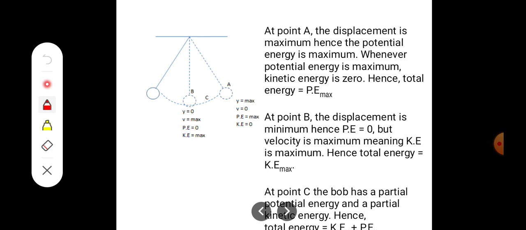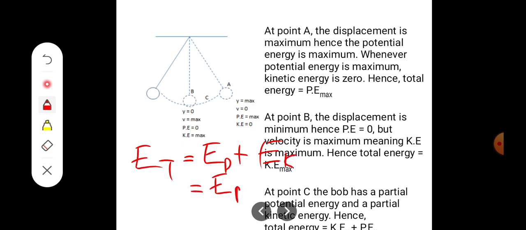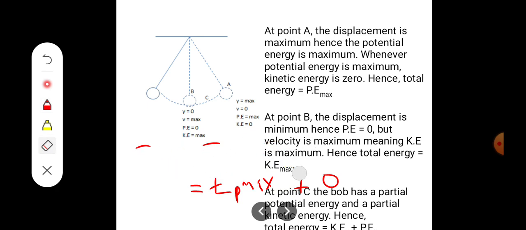Remember that total energy ET is kinetic energy EK plus potential energy EP. In this case, the potential energy is maximum, EP max, but the kinetic energy is 0. So total energy is also the maximum potential energy.